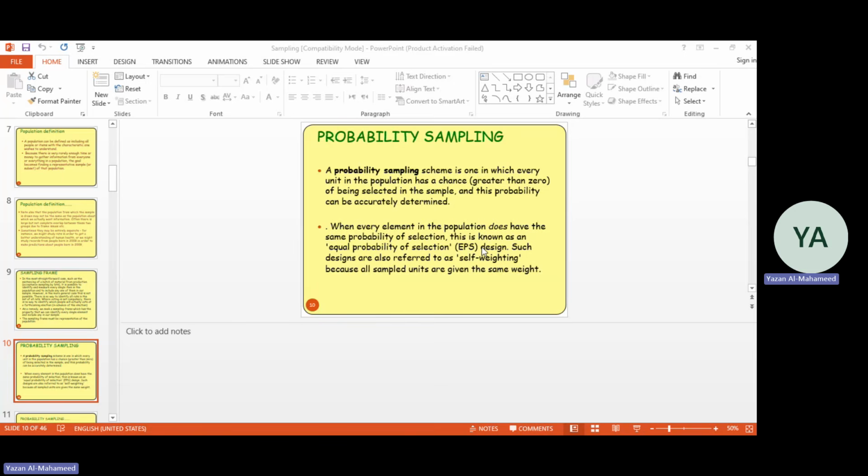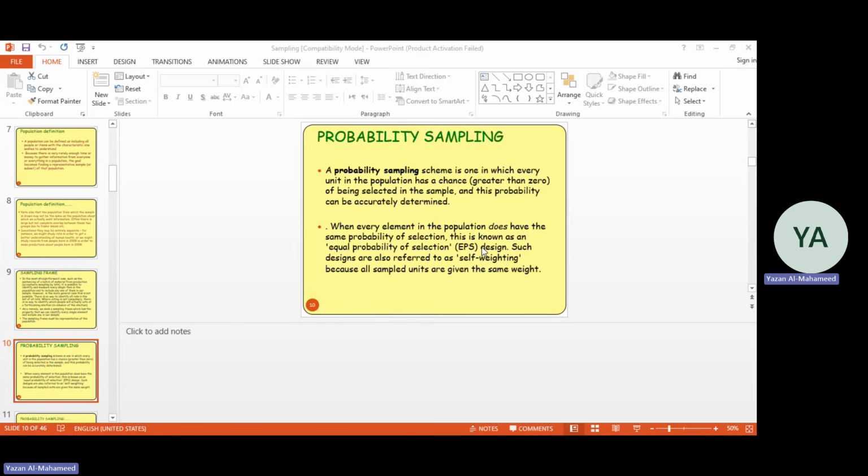So if my population is 1,000 people, all those 1,000 people, if I use probability sampling, have the same chance to be selected. So I preserve the right of selection for all members of the population.